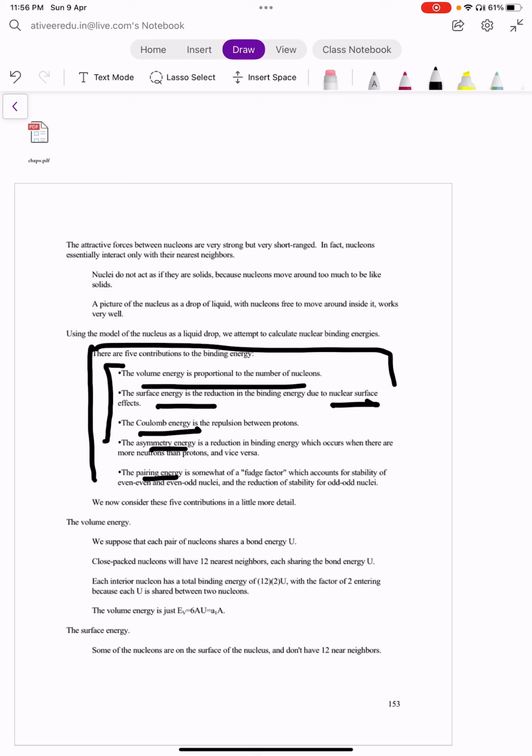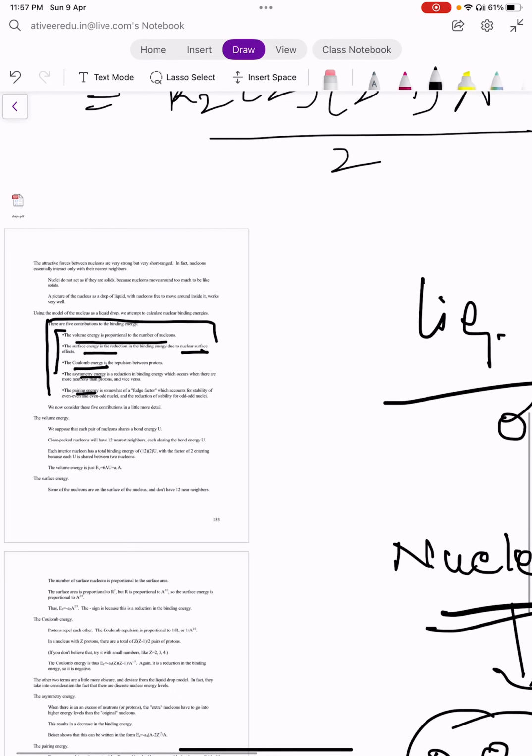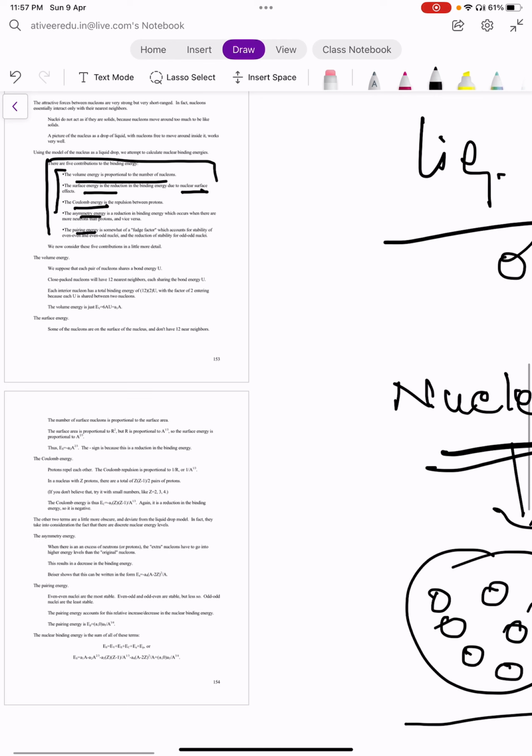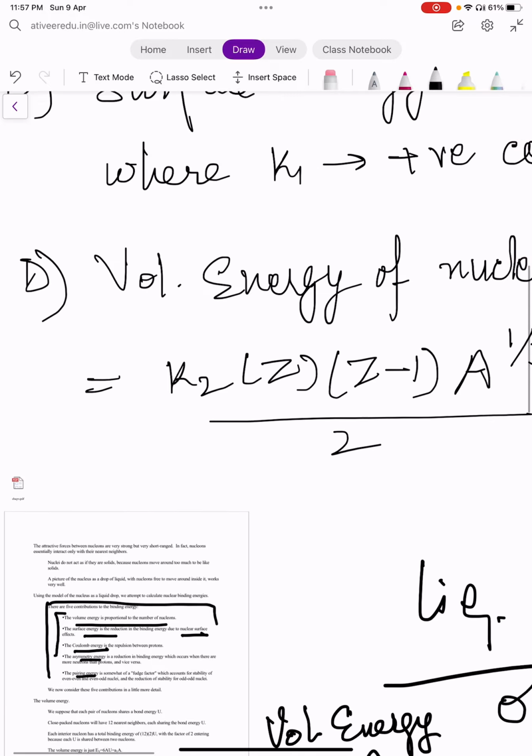So, volume energy has been explained on this basis only. Actually, it is proportional to the number of nucleons. So we can say that volume energy is proportional to the number of nucleons.